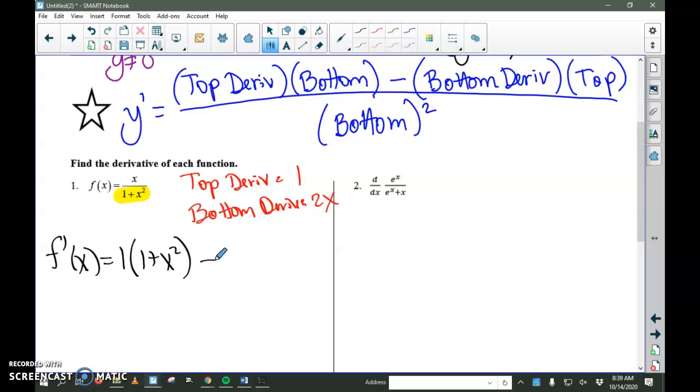I need the derivative of that denominator, and the derivative of the denominator is 2x times the top function. So I'm just rewriting that x all divided by that entire original denominator, 1 plus x squared, squared. Okay, so I put that denominator in parentheses because I'm squaring that whole thing.